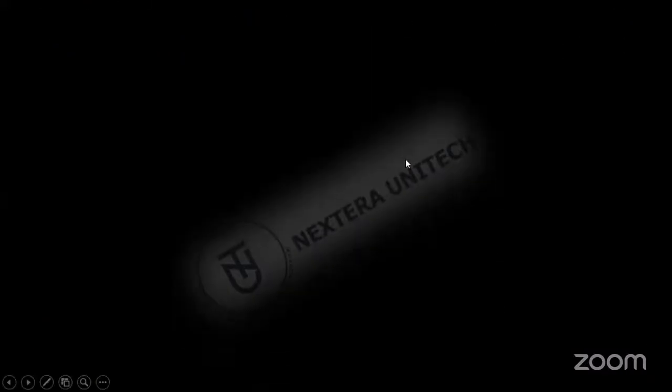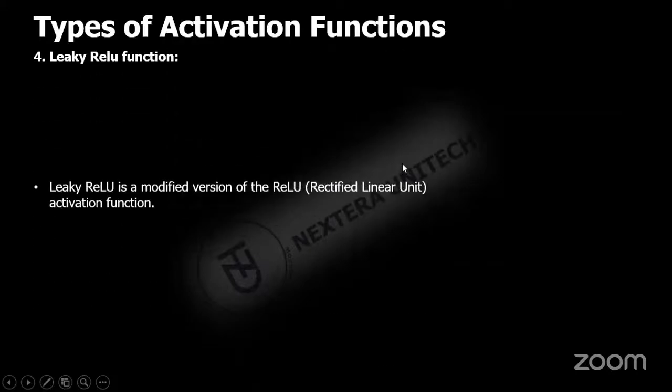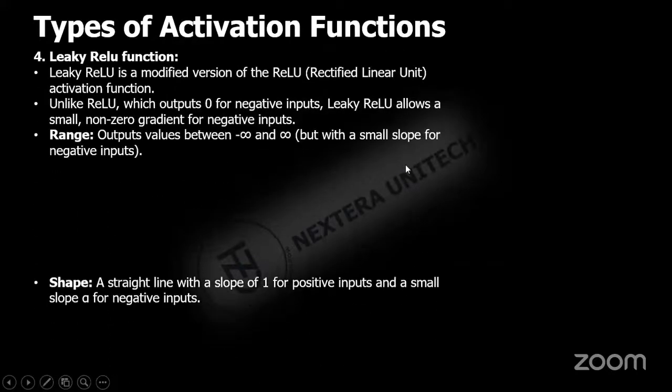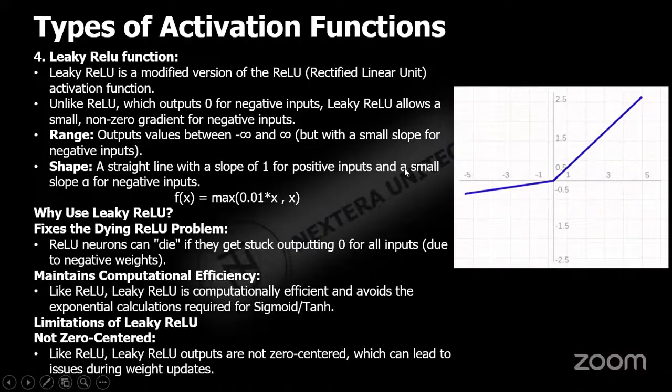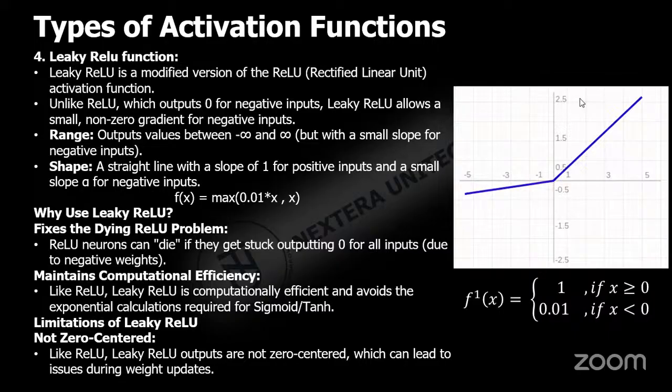The first variant of ReLU that got introduced is leaky ReLU. It is a modified version of ReLU. Instead of keeping the formula as max of 0, x, they just made a change. What do you observe here? Max of 0.01x, x.